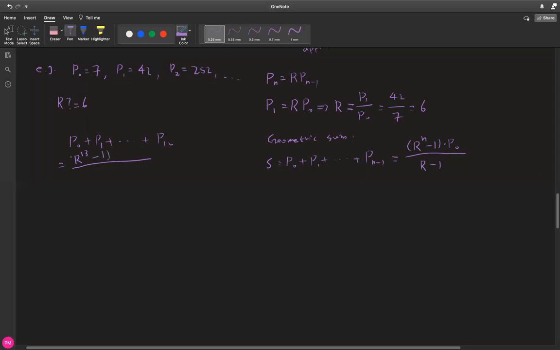Minus 1, multiplied by P0, over r minus 1. And we actually know every single variable here, and that is 6 to the power of 13 minus 1, multiplied by 7, which is the initial population, over 6 minus 1.